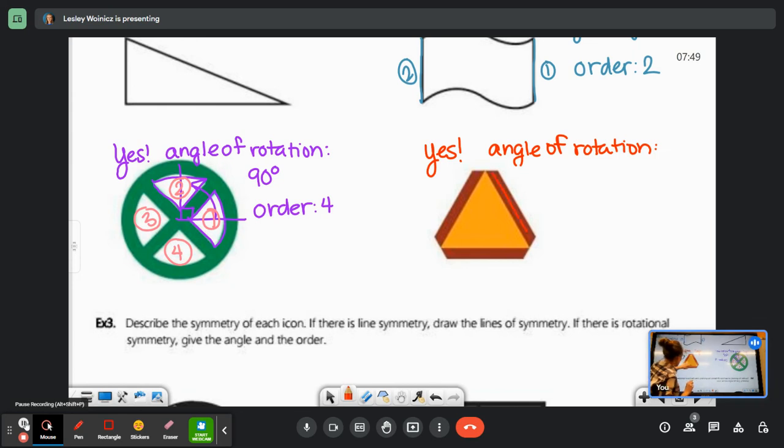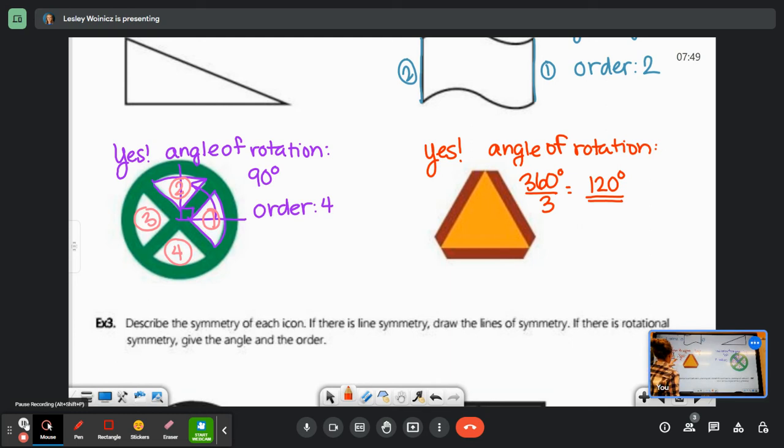If I have 3 sides, I can take my 360, divide that by 3, and I get 120. And that is my angle of rotation. So it has to go a whole 120 degrees before it lands on itself again.